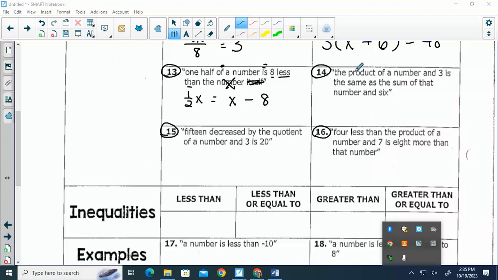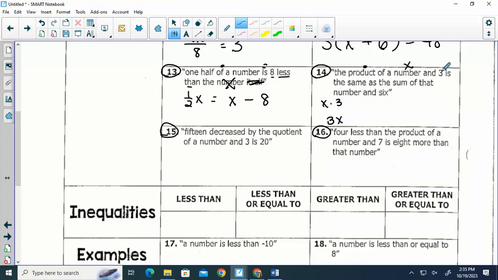Alright, so 14 says the product. What does product tell me? You're multiplying a number, so that's x and 3. So you can write x times 3, or you could write 3x. Is means equals. The sum means we're going to be adding the number and 6.